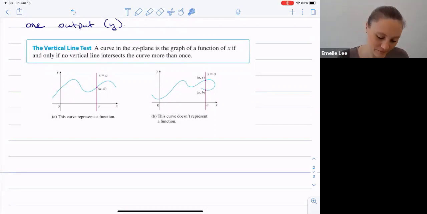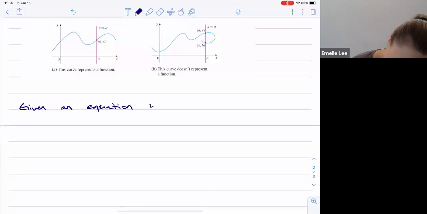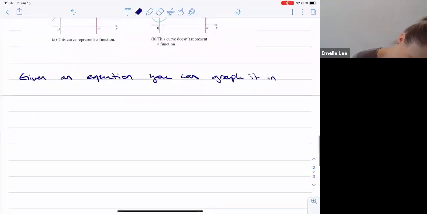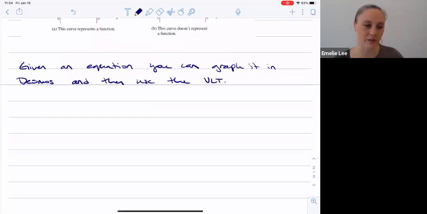So, given an equation, you can graph it in Desmos and then use the vertical line test, VLT.